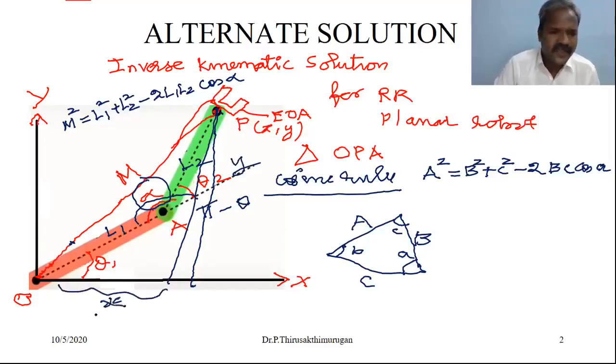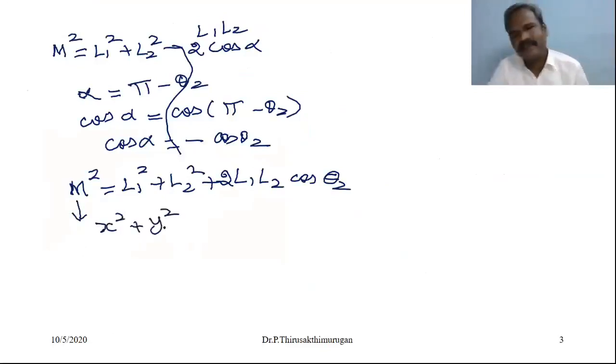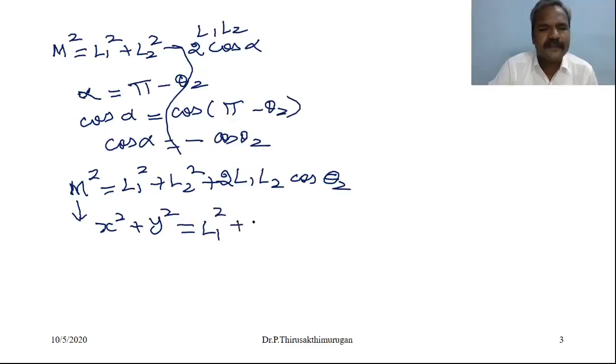So by the Pythagoras theorem, M square equal to x square plus y square. So x square plus y square equal to L1 square plus L2 square plus 2 L1 L2 cos theta 2.